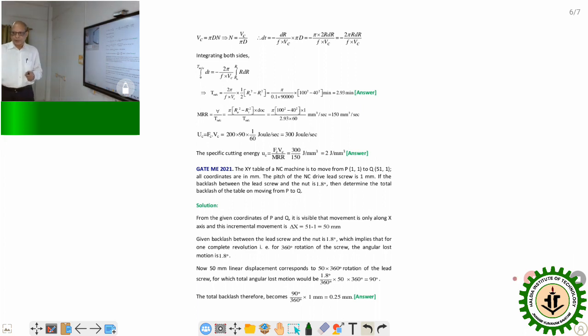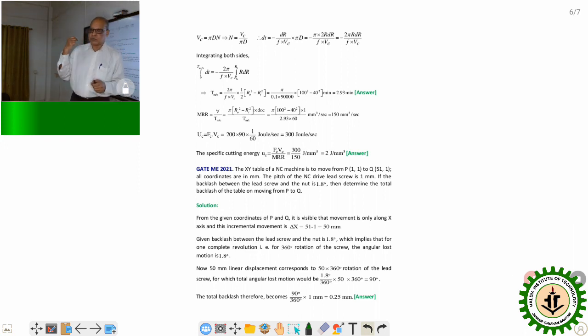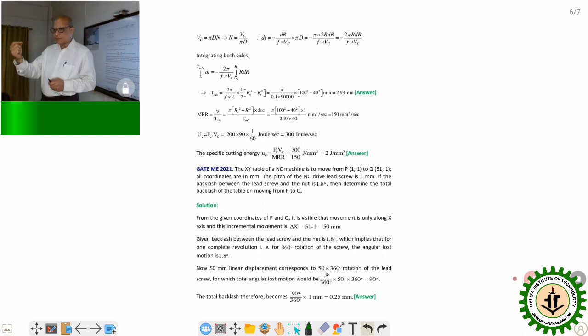That means what is supposed to be its destination and what the tool or the table actually achieves, there will be some error or differences.